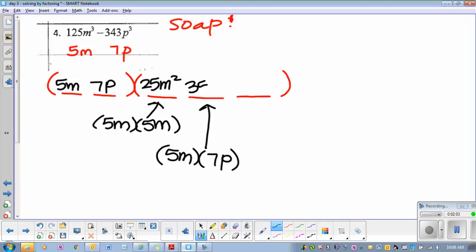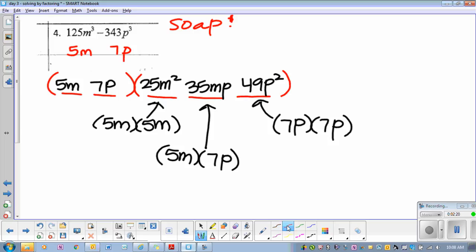Good, 35mp. And what goes in the last one? Good, 7p times 7p, so 49p squared. All right, and then same, opposite, always plus. Okay? That's how you do number 4. All right?